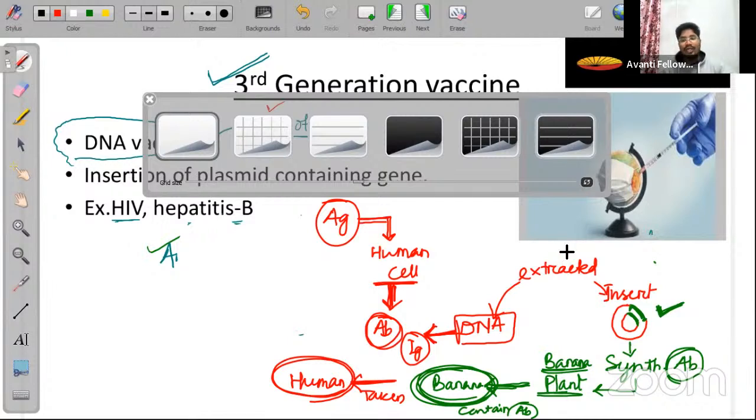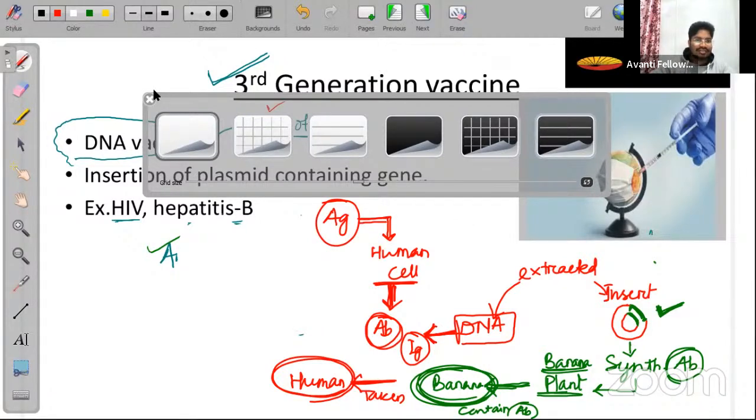But here what we are doing, we are inserting the DNA into the banana. Okay, so this is what is going to happen.